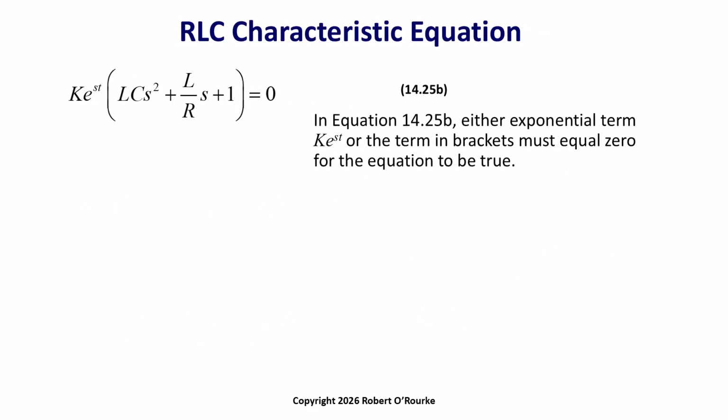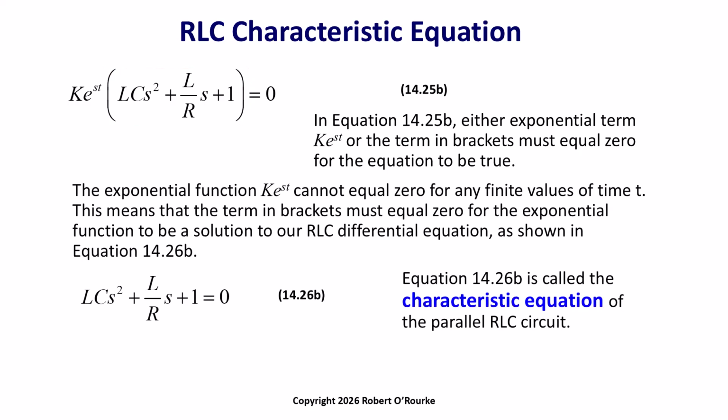We know that equation 14.25b equals 0. This means that either the exponential term k e to the st or the term in brackets must be equal to 0. The exponential function cannot equal 0 for finite values of time t.